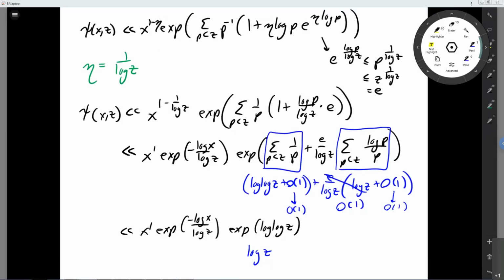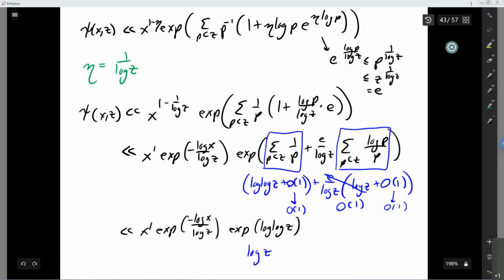One comment, Brandon. Yeah. There is a comment that says, does eta equals 1 over log z give the optimal result? How do you know how to choose it? That's a good question. I actually don't think that gives the optimal result.